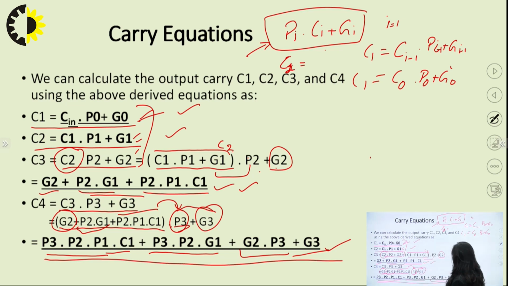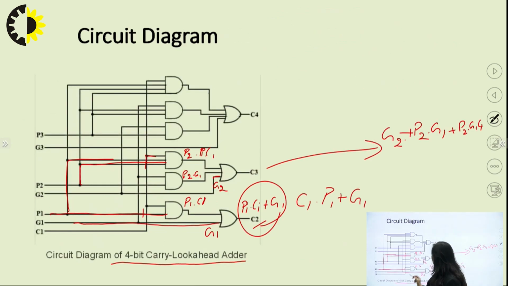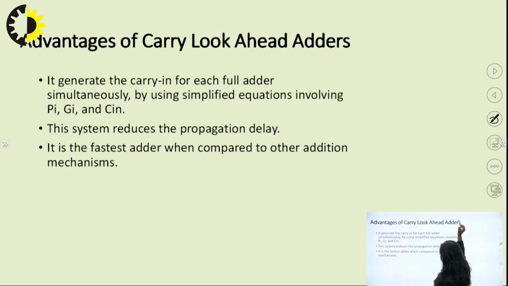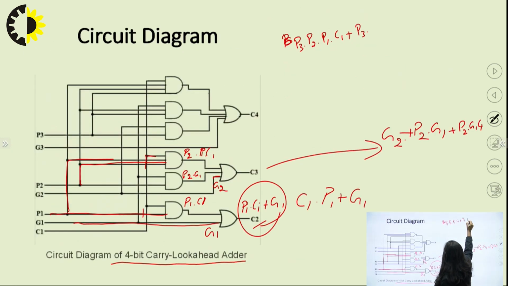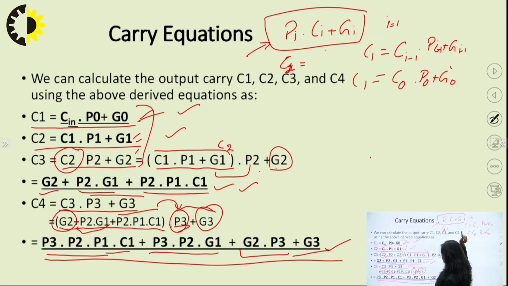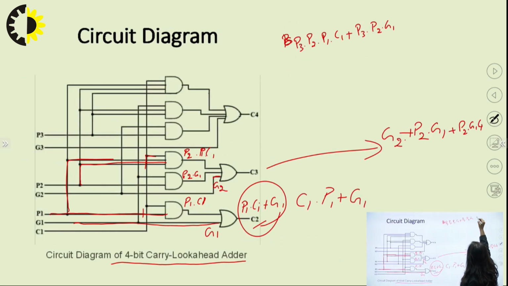We have to verify whether this equation is satisfied by the circuit: P3 dot P2 dot P1 dot C1, plus P3 dot P2 dot G1, plus G2 dot P3, plus G3. Okay, so this would be our final C4.